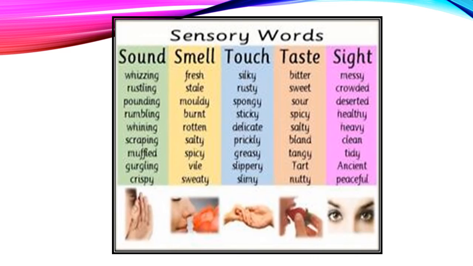Next, touch: silky, rusty, spongy, sticky, delicate, prickly, greasy, slippery, slimy. For the taste, we have bitter, sweet, sour, spicy, salty, bland, tangy, tart, nutty. Then sight: messy, crowded, deserted, healthy, heavy, clean, tidy, ancient, and peaceful. Those are examples of sensory words.